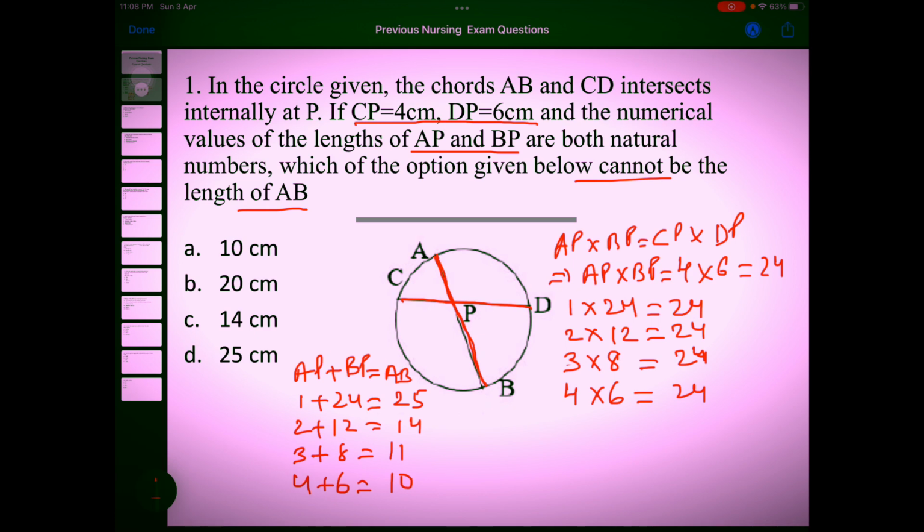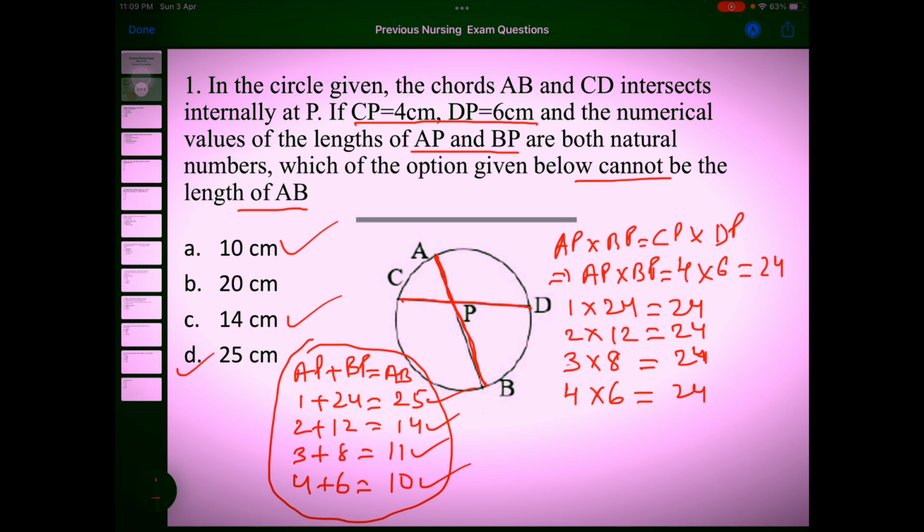So here in this calculation we can see that the possible values of AB will be 25, option D, 14, option C, 11, there is no option given here, so we'll leave it, then 10, option A. So there are three given options which can be the possible length of AB.